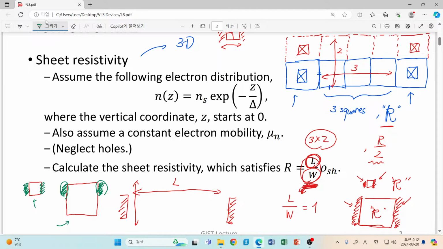Where can you find the actual conducting channel? Only this part should be regarded as the conducting part, and although we have tons of electrons here, they do not contribute much to the resistance or conductance.